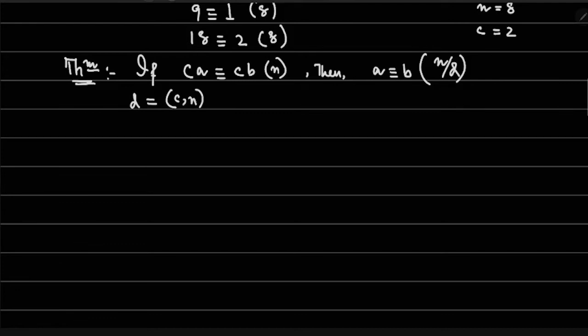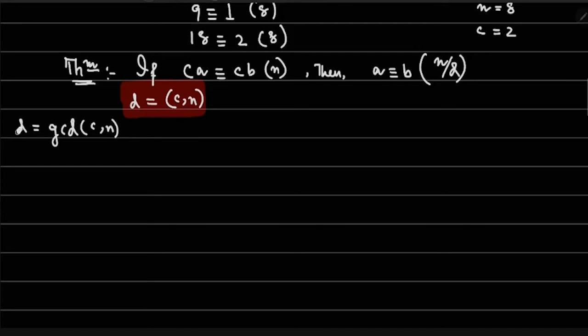Well, here is a notational discrimination. Some people write D is equal to GCD of C comma n, but I prefer to write just C comma n within the parenthesis, because D actually is an ideal that is being generated by C and n.